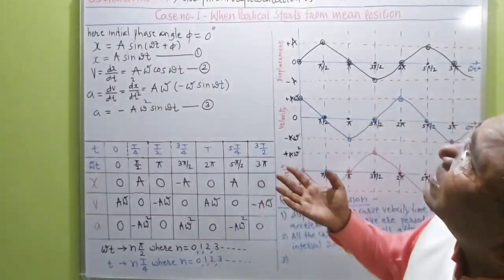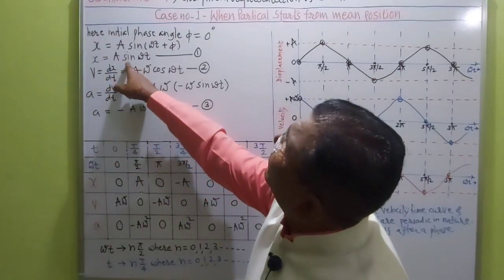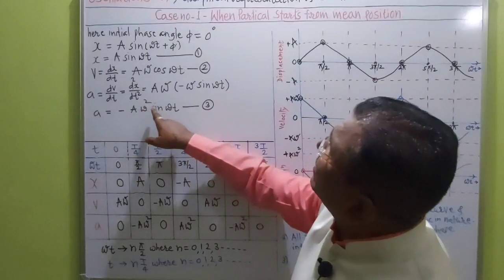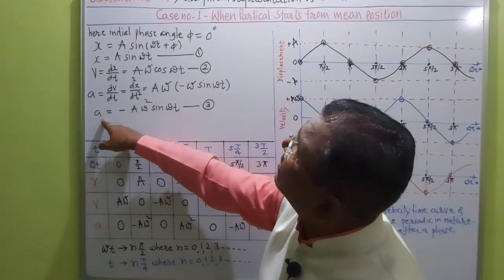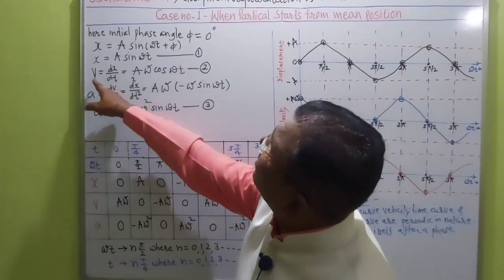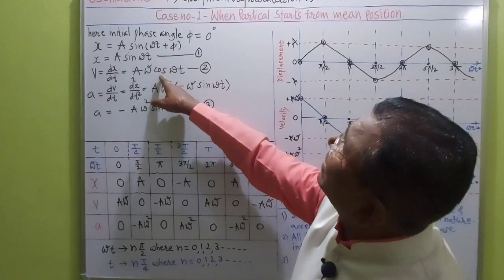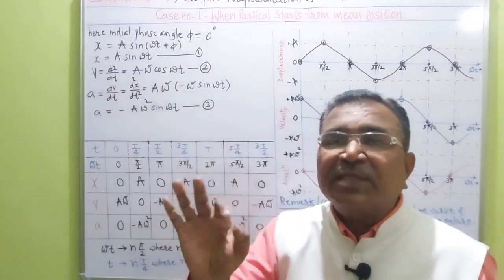Another best result we see here. In the displacement formula, sine function appears, so it is a sine curve. In the acceleration formula, sine function appears, so acceleration curve is a sine curve. But what about velocity? In velocity, cos function appears, so velocity time curve is a cosine curve.